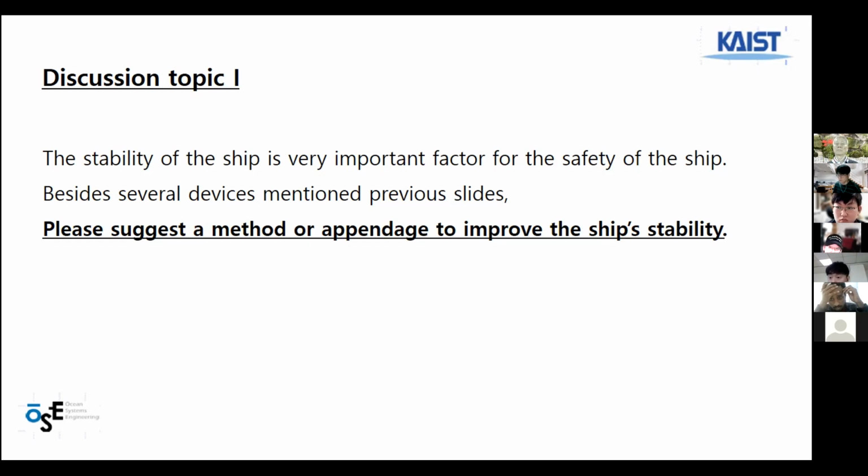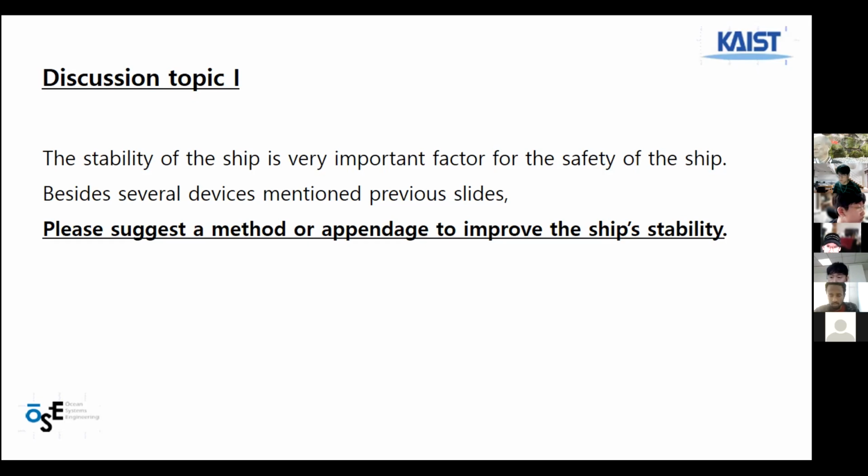I wanted to add a point as well. The appendage that I'm trying to talk about was actually told to me by Sangmin during our own group presentation meeting. It is something like having airbags on both sides of the ship.